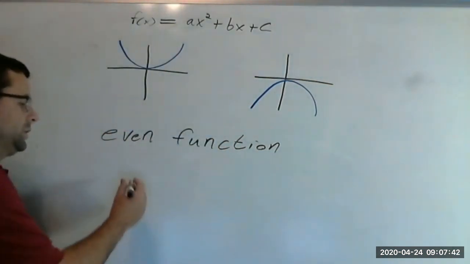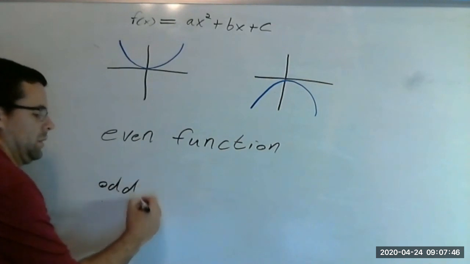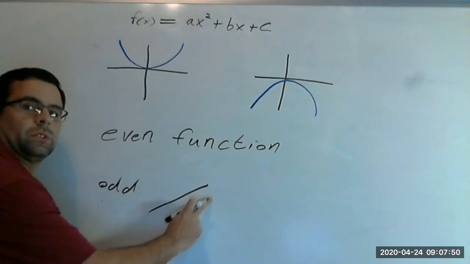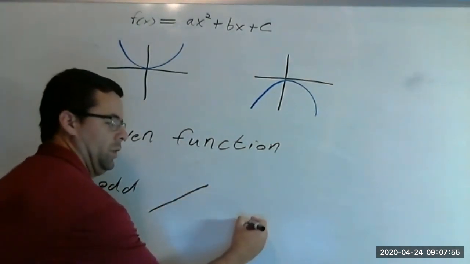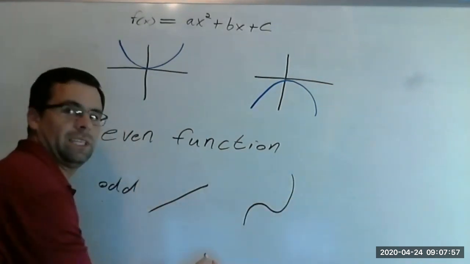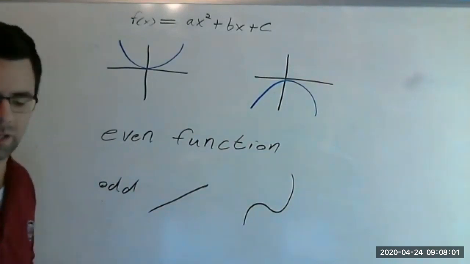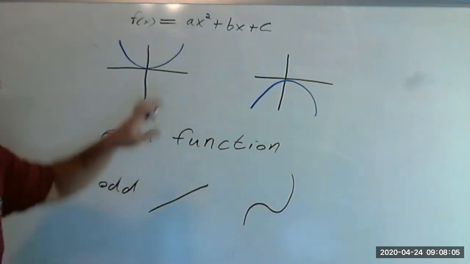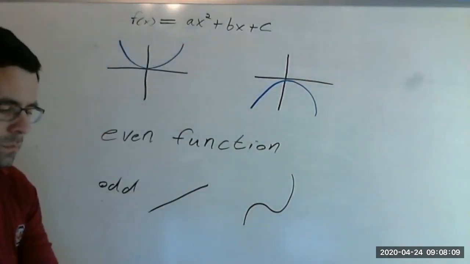An odd function could be like a line, which goes up on one side and down on the other, or a cubic, which goes down on one side and up on the other. So we know it's even if both sides go up or both go down.